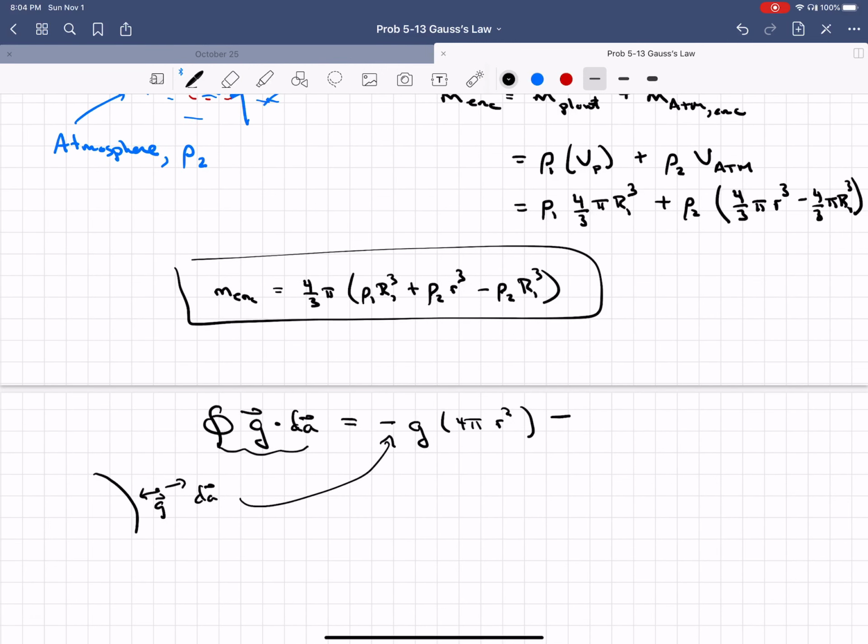So Gauss's law says I should put that equal to minus 4 pi G mass enclosed. I found the mass enclosed. So the 4 pi's are canceling out, and the minus signs are canceling out.